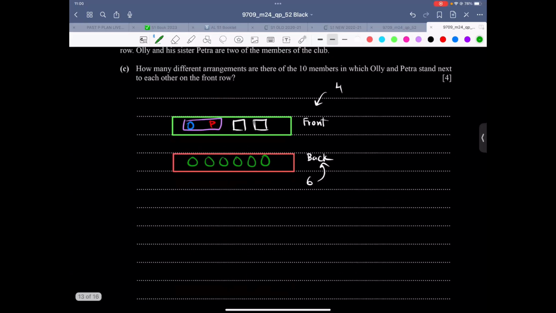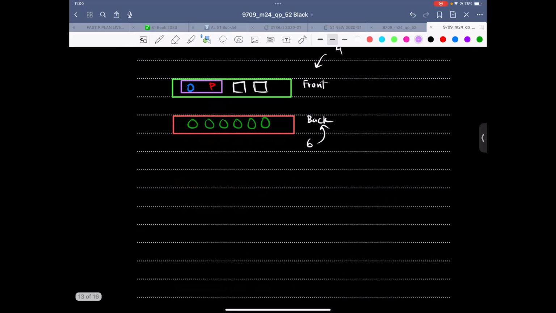Now, first of all, if I talk about this OP thing, let me just remove this and draw a proper box. A box for OP. So I'm just working for this. So there is O, there is P, and they want to be together. And then there are 2 people over here.